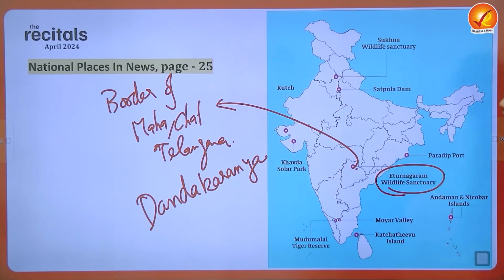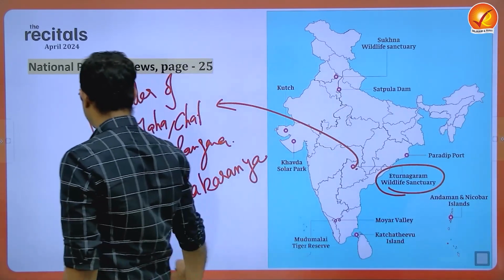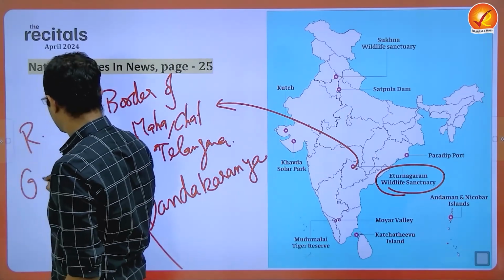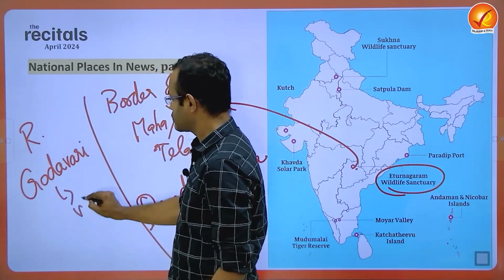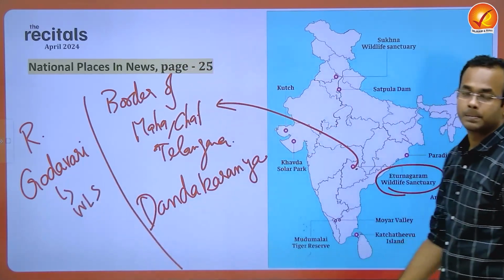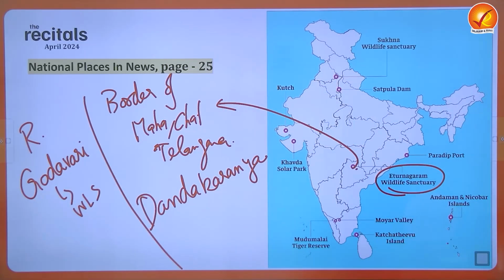River Godavari flows through the wildlife sanctuary.